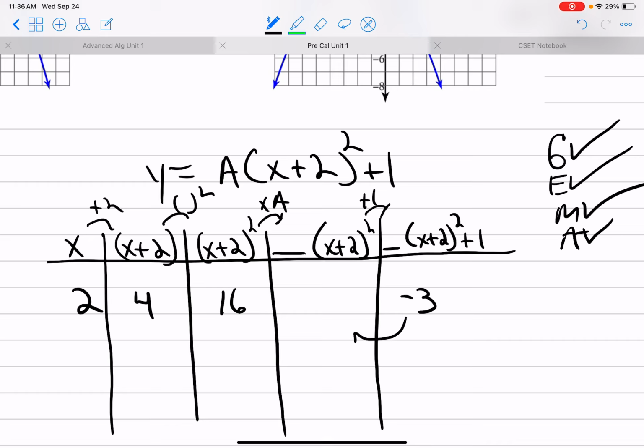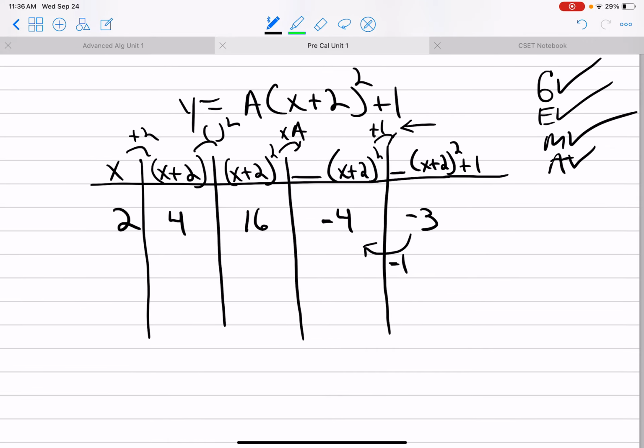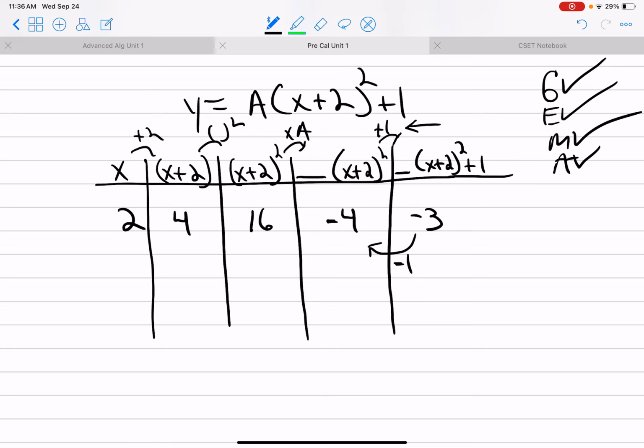Negative 3, since I'm going backwards and the top said plus 1, I'm going to go negative 3 minus 1 is negative 4. This is looking like it's going to work out pretty nice. So now what I know is 16 times a has to equal negative 4.